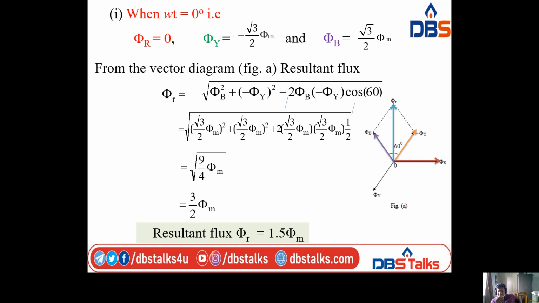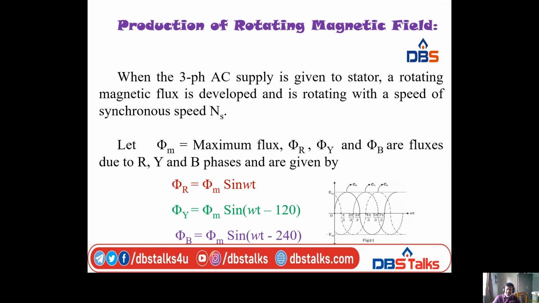Suppose when omega t is equal to 0 degrees, substitute omega t equal to 0 degrees in the above equations. The above equations are nothing but these three equations, 1, 2, 3. Let us consider 1, 2, 3.